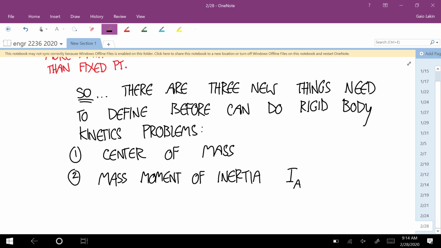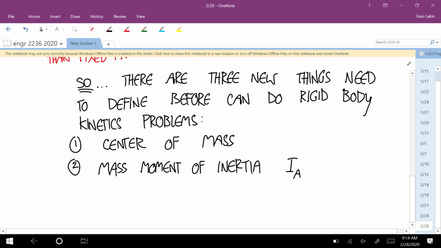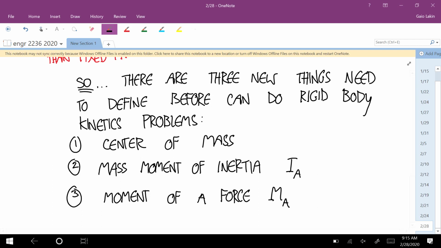It's a body's resistance to having a rotation started or stopped. And then the third thing is the moment. I'll call this the moment of a force, capital M sub A. In both 2 and 3, that A refers to the about point.